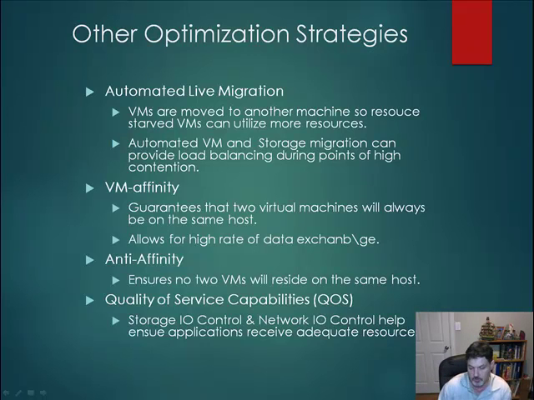So if I have two critical application environments that are sharing host resources and they tend to contend for those resources, I may opt to use anti-affinity to ensure that they are not migrated onto the same host at any time and therefore create a contention issue. Also, quality of service capabilities, or QoS, which is really storage I/O control and network control, will help ensure that all the applications receive adequate resources on the box.